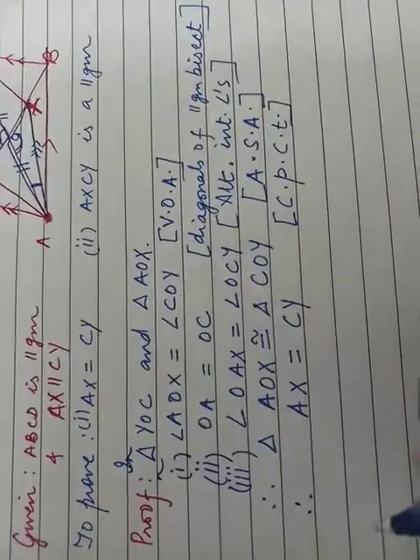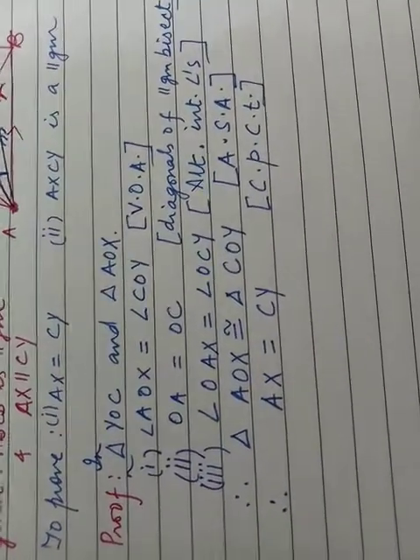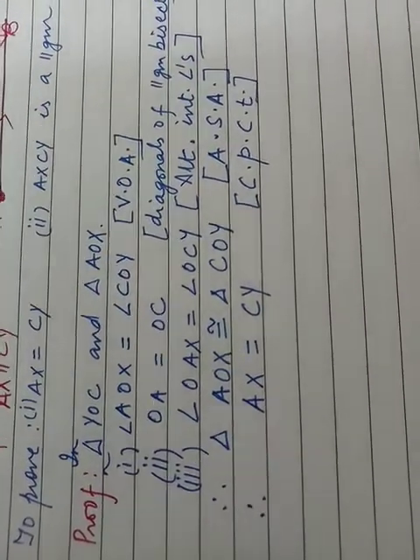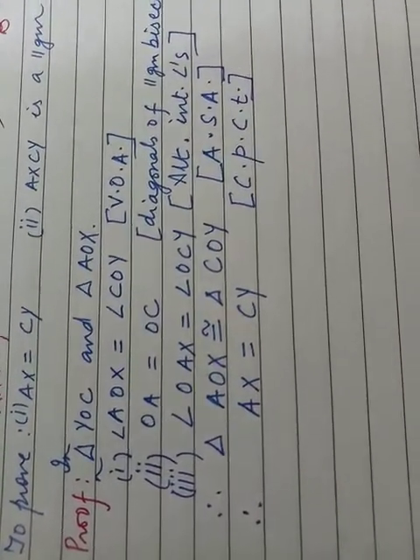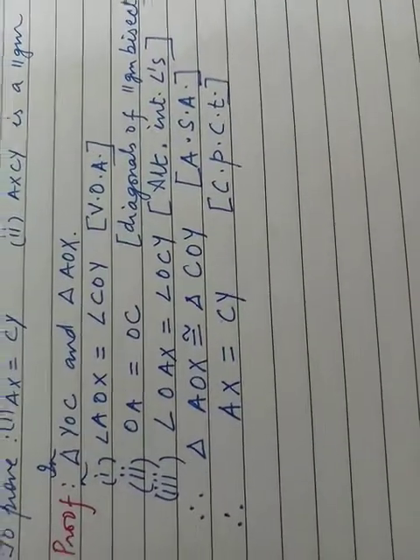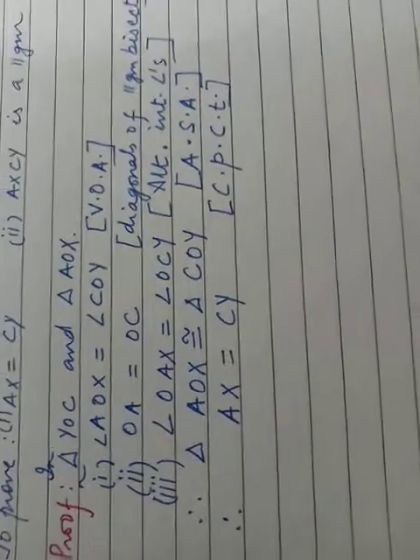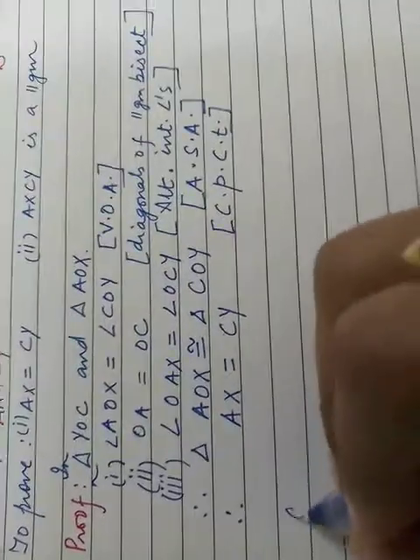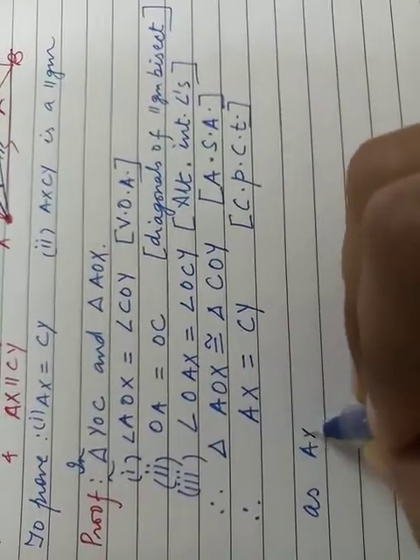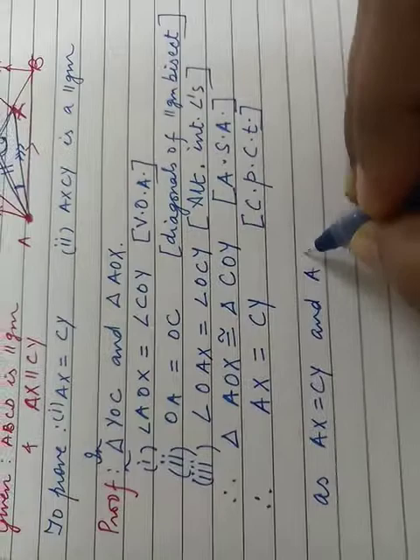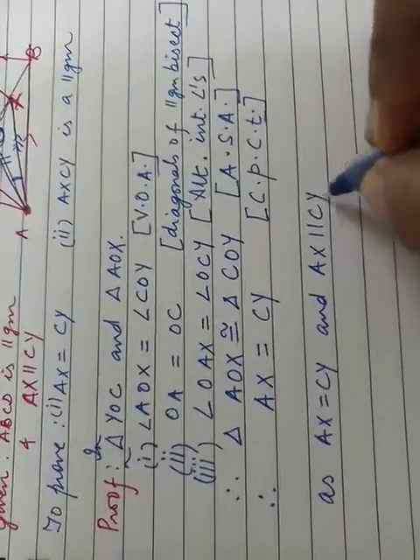So we recall theorem number 3. Theorem number 3, it was given if we have one pair of opposite sides parallel and equal, then that quadrilateral so formed is necessarily a parallelogram. So we'll apply theorem number 3. So we'll write as AX is equal to CY and AX is parallel to CY.